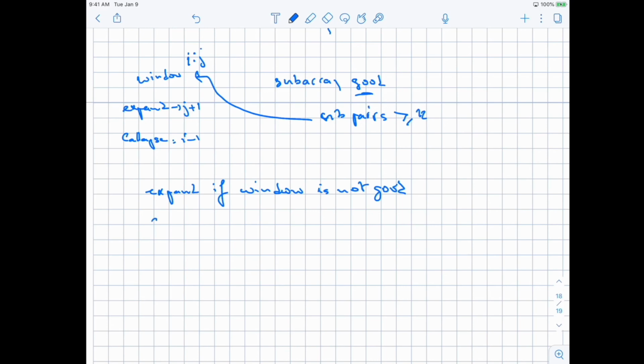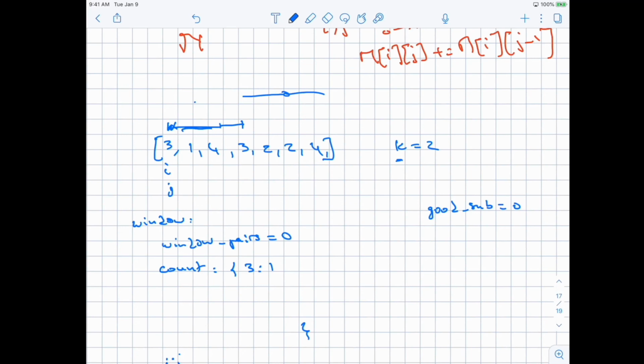And when do we collapse? Well, let's say we have a valid window like this, okay? And we counted this, and we are done. Like, we counted all the J's. Then the only other thing is to check if this is good, because if it's good, it's something we want to count. We want to count all the good subarrays.